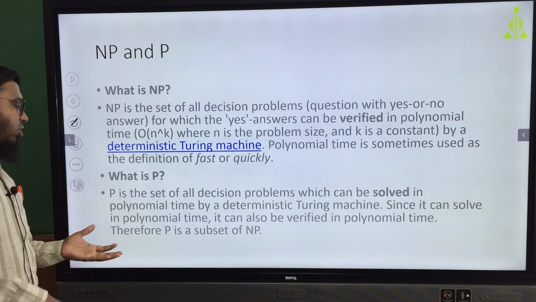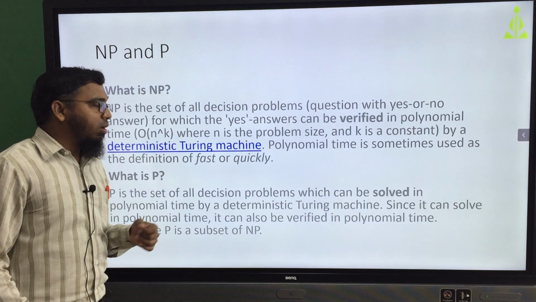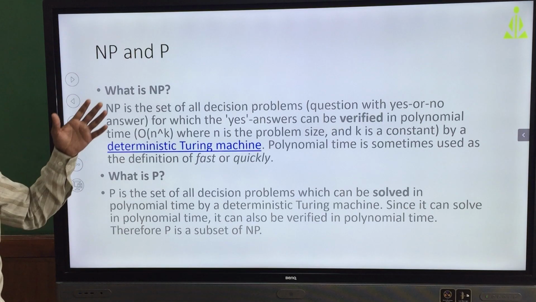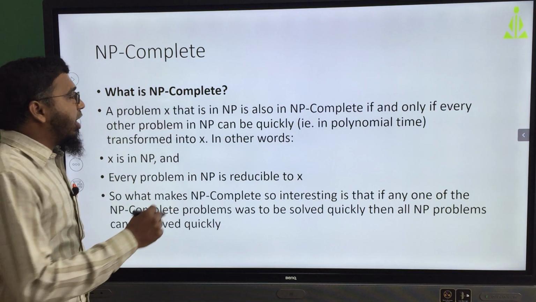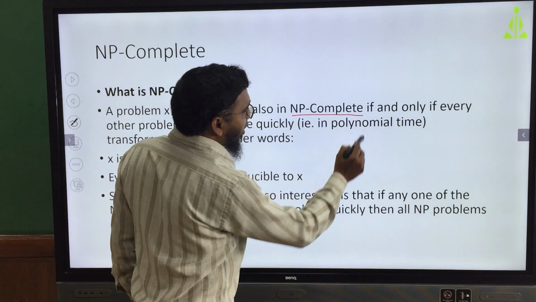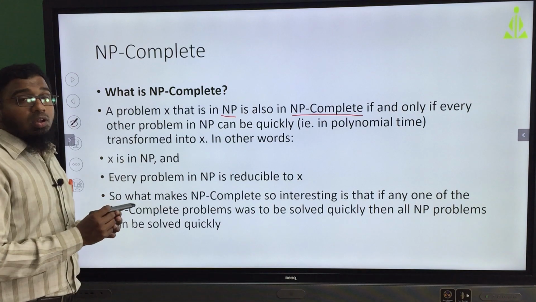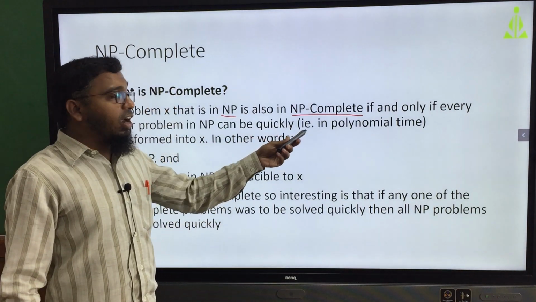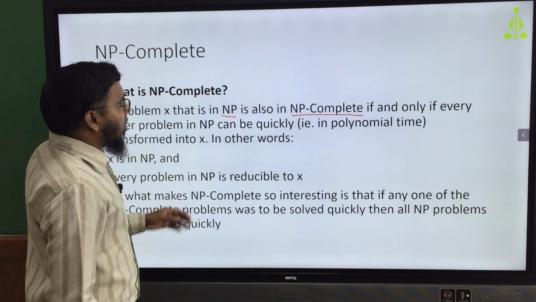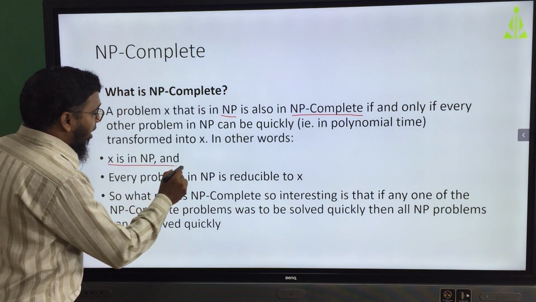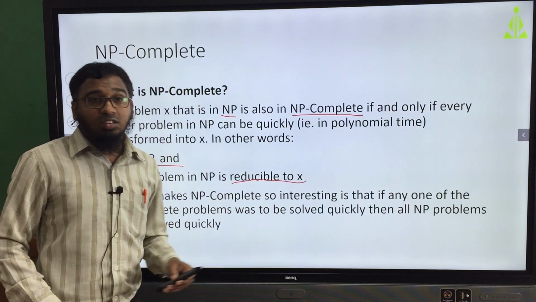P is a decision problem solvable in polynomial time, and for NP we need to take the decision and we get to verify it. NP-complete, what we have discussed now: a problem X that is in NP is also NP-complete if and only if every other problem in NP can be quickly, that is in polynomial time, transformed into X. In other words, X is in NP and every problem in NP is reducible to X.